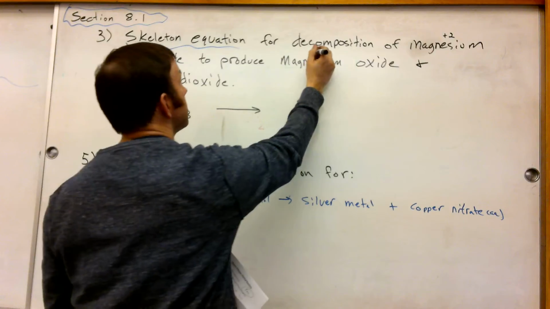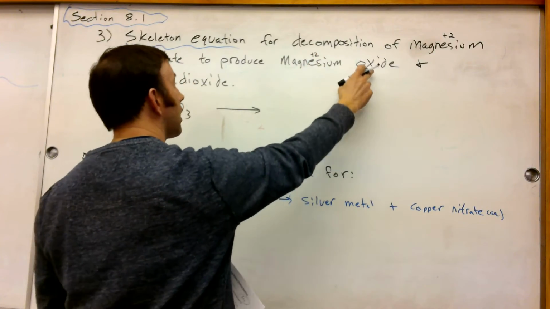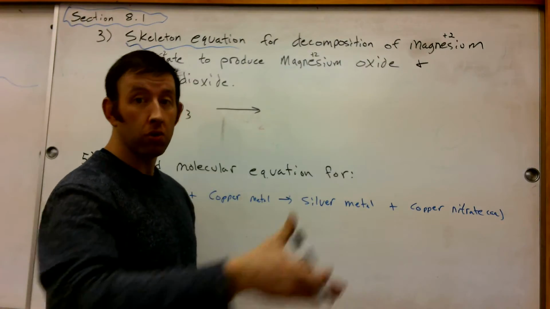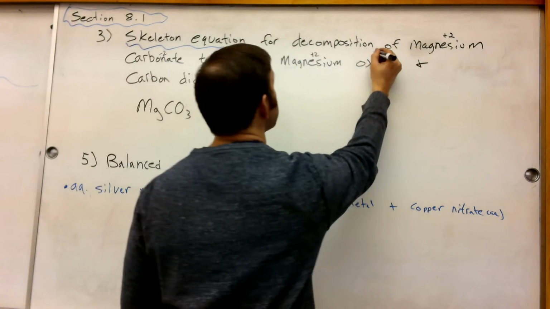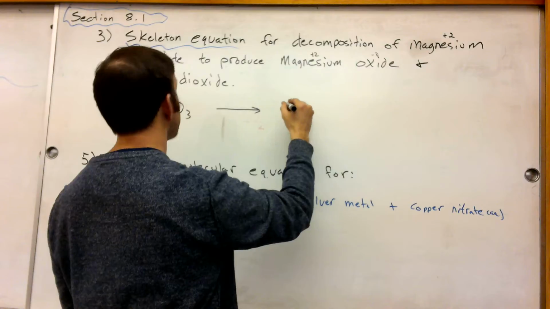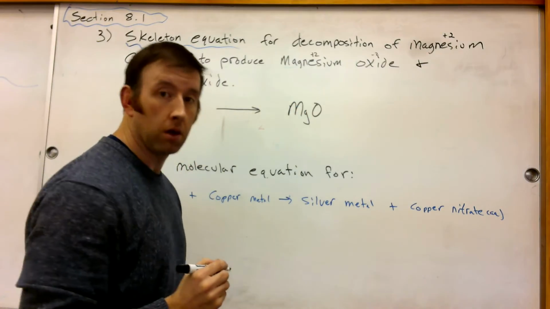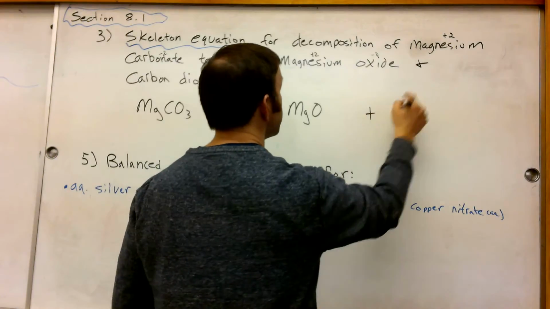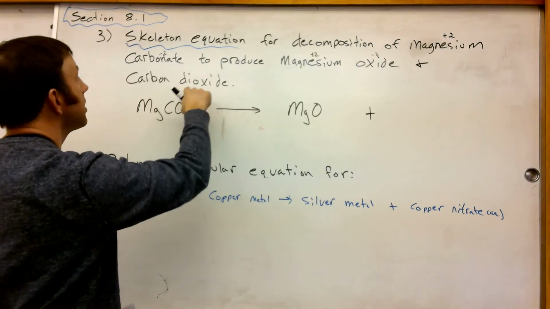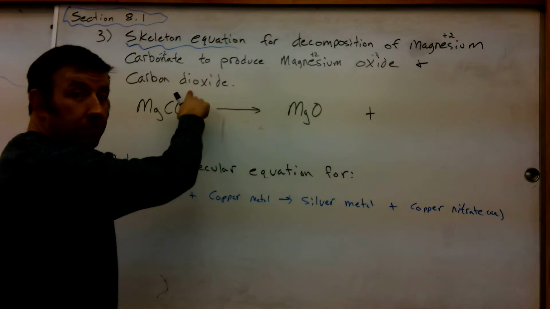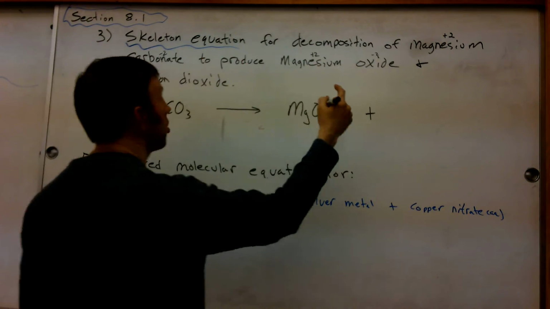So we already know magnesium is +2. Oxide is oxygen ions, and if you go to your periodic table, we find that it's a -2. So my formula on this side is just going to be MgO. And it says and carbon dioxide, and so that di prefix means 2.